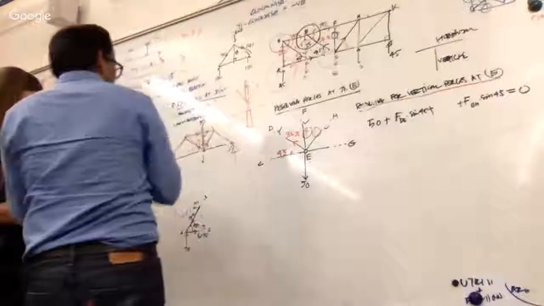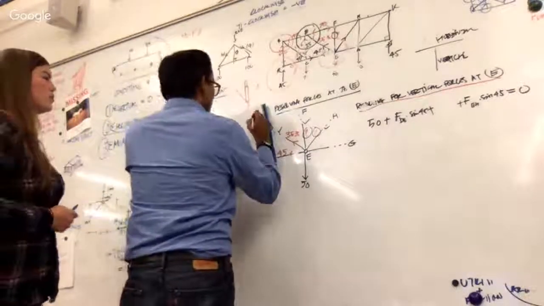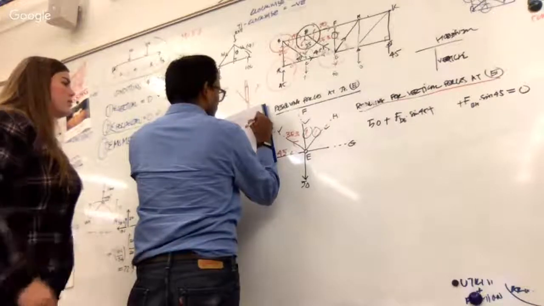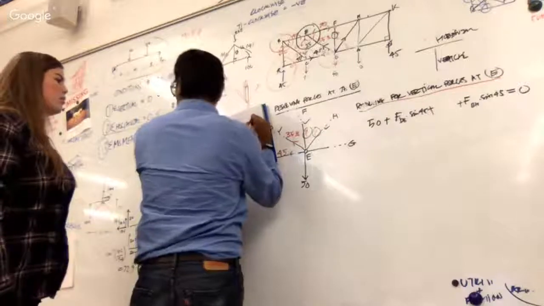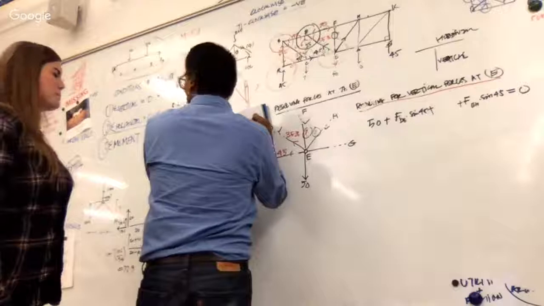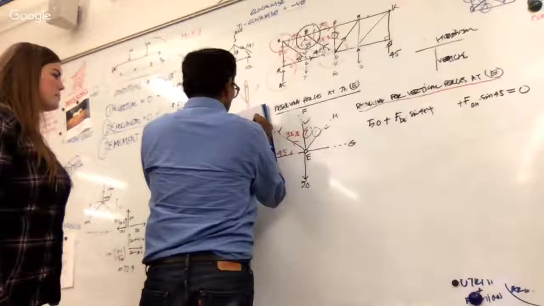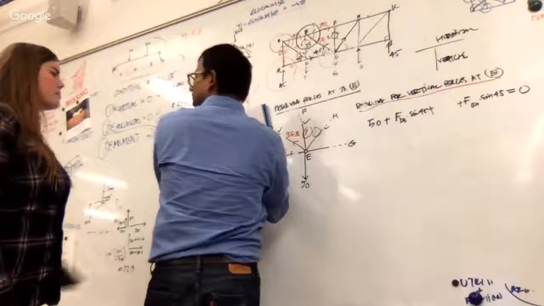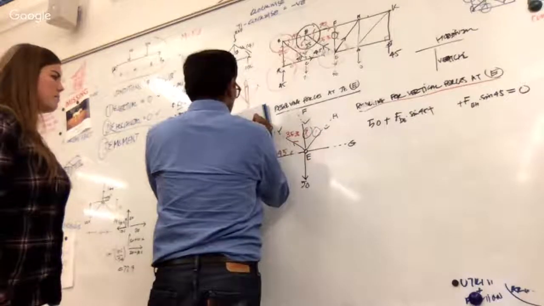So I'll draw it for you then. Say if we were to just redraw that. So you've got a member like that, you've got a member like this, you've got a member like this. So if this has a force that's going like this, that means these would basically need to push in that direction. In other words, it's going to go like this.